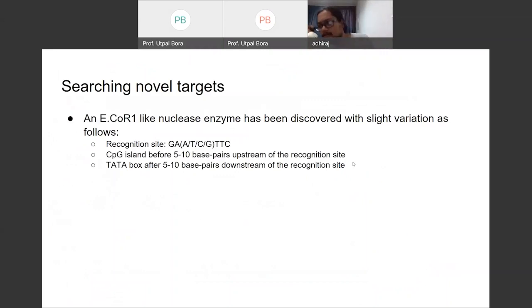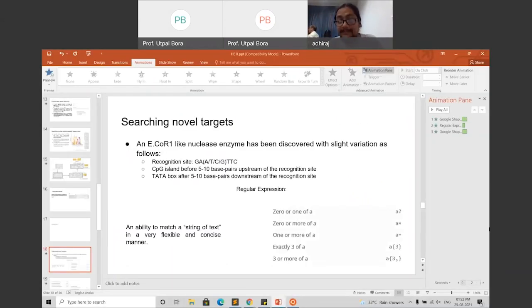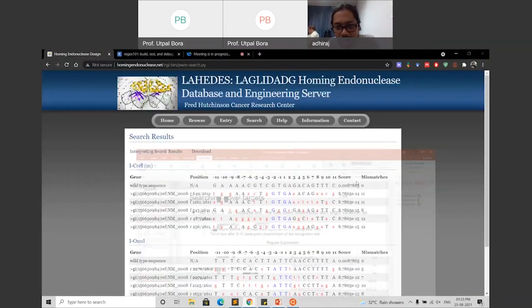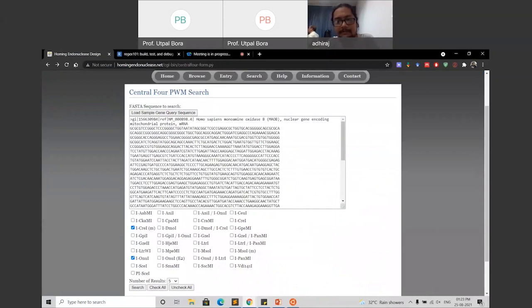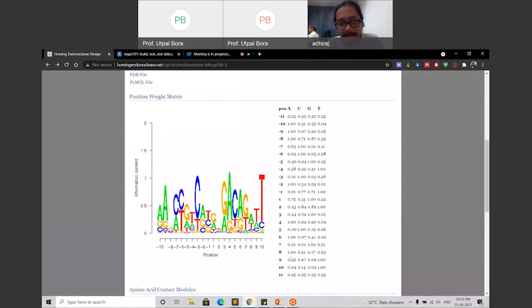Select the best target, filter criteria. First of all, the database that I showed is not like BLAST and all. These are just the criteria. This is the score criteria. So PWM is the main thing, and that was the reason for explaining PWM in detail. So the criteria is this, right?